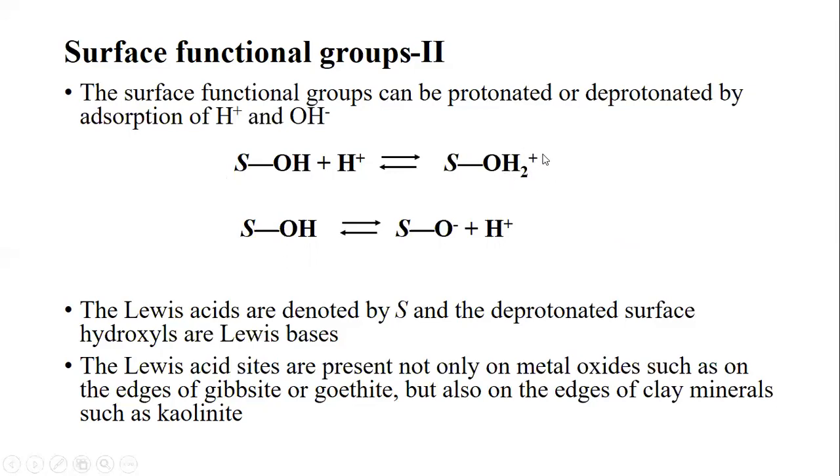Now it has a positive charge. If it deprotonates, it loses the hydrogen, so it becomes SO-. S is not sulfur, don't mix them up. You remember it's written this way to indicate the surface this functional group is attached to. So if it loses the hydrogen, it lost it to the solution, and now it has a negative charge.